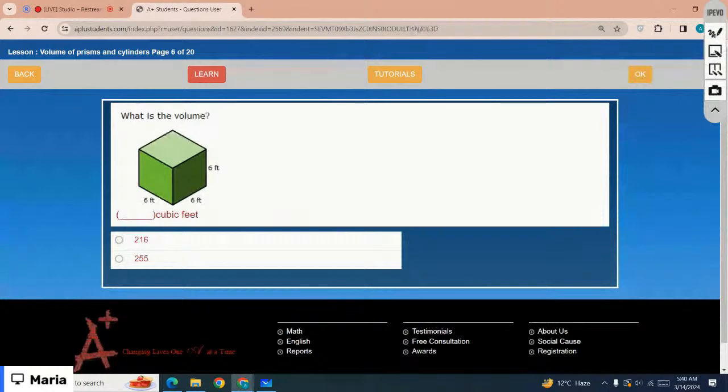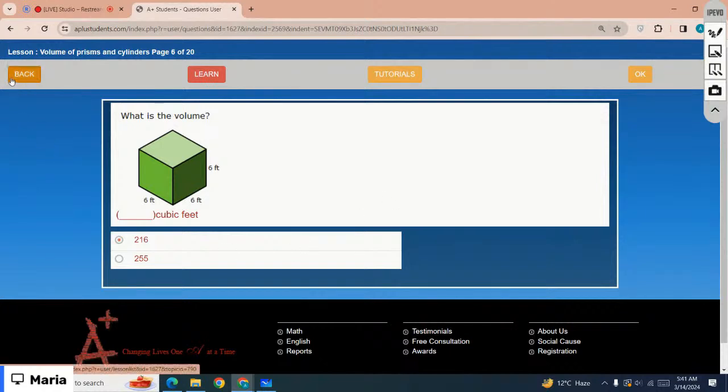So which is the correct option? The correct option is 6 times 6 times 6, that is 216 cubic feet.